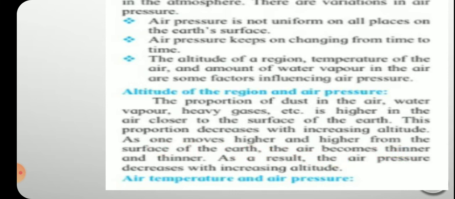As a result, the air pressure decreases with increasing altitude. Air temperature and air pressure.